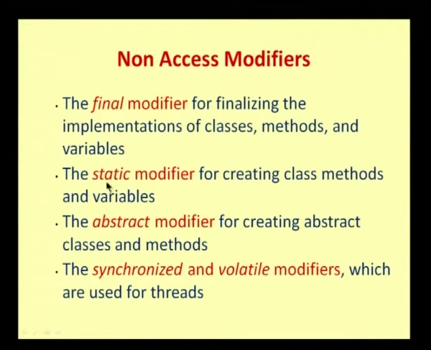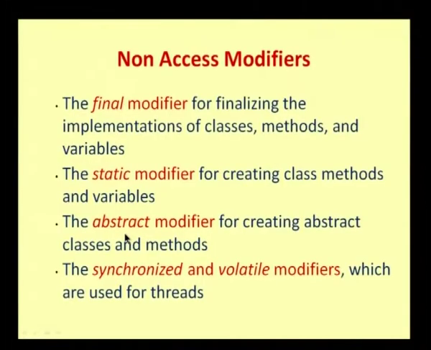So for example, if I have a class and a variable which is declared as static, that particular variable is common to all the objects of the class. Anyway, we will see that in detail.